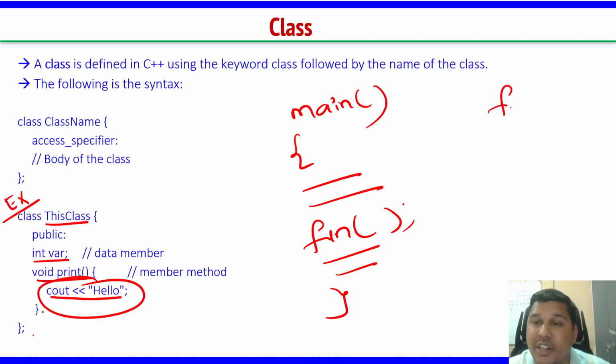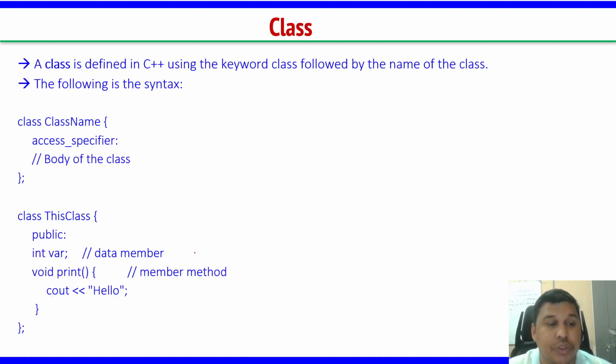You define the function outside like this, or you can define the function inside also. Same way here, when you write a member function, we write the logic within curly brackets inside the class also.